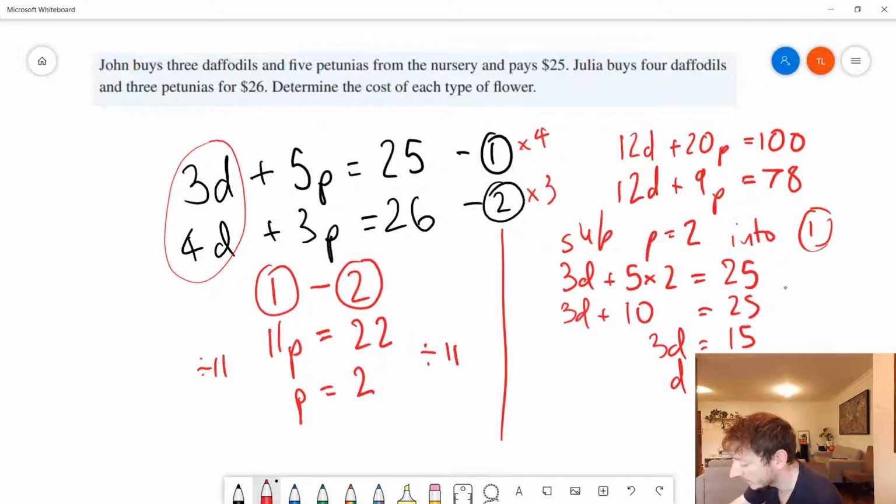So what I did then was minus 10, divided by 3, and I did that to both sides. Then we write our answer. Therefore, a petunia costs $2 and a daffodil costs $5.